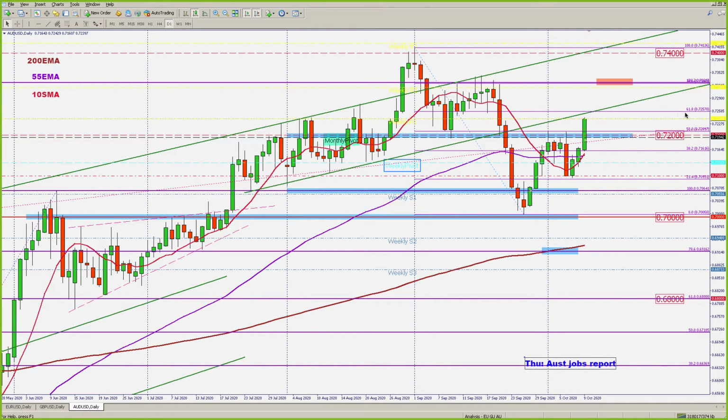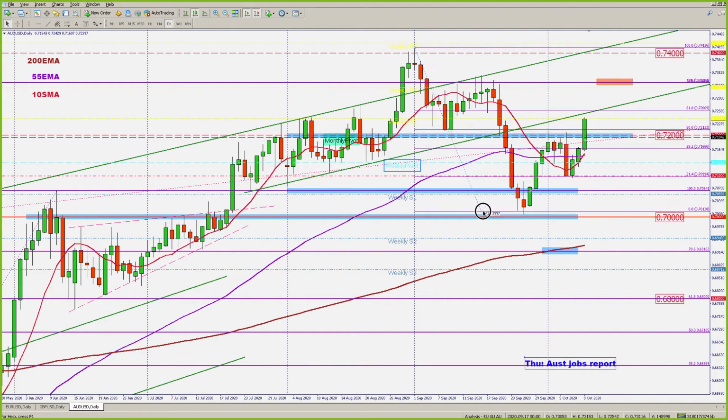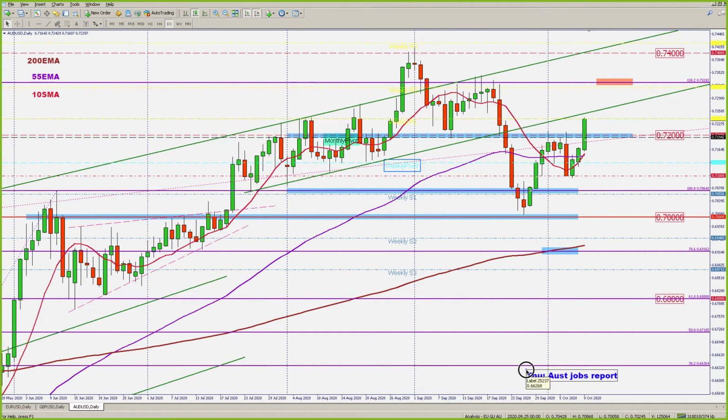It may try to climb up to 62 and then the 78.6, so that could be confluence here. All right, let's take this out for now. On Thursday, there is the Australian jobs report to watch out for.